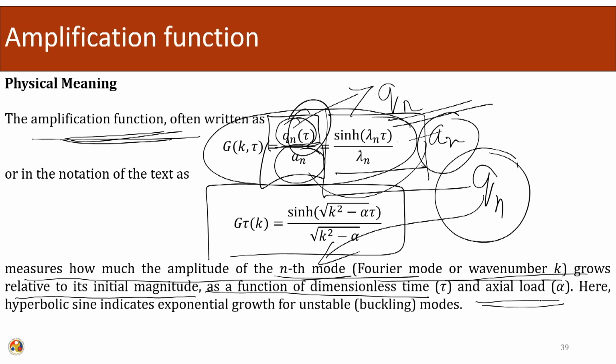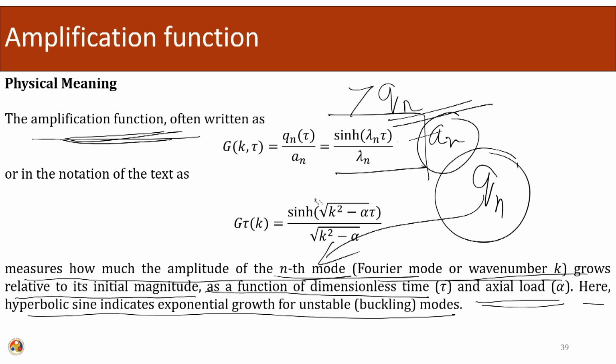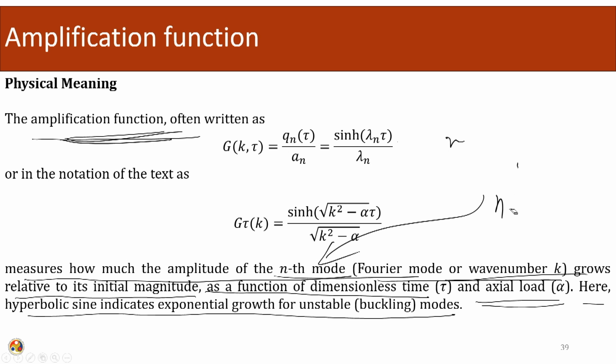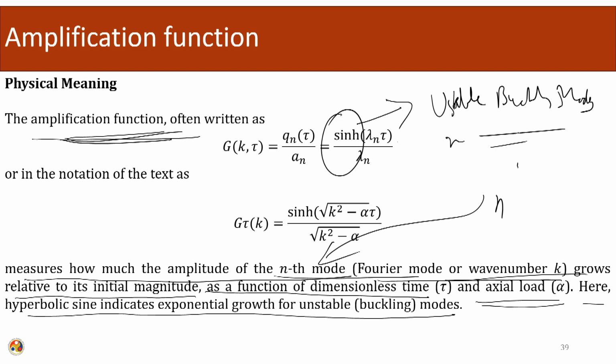Here the hyperbolic sine indicates exponential growth for the unstable buckling mode. So, here we are dealing with the hyperbolic functions, it means that we are dealing with the unstable buckling modes. So, the amplification function is relating the Fourier mode to its initial magnitude, and this is given by the dimensionless time and the axial load.